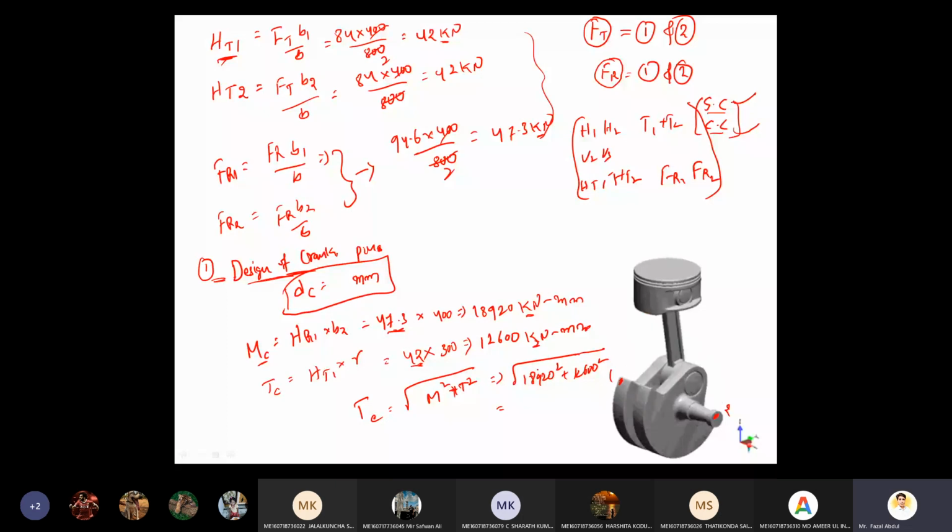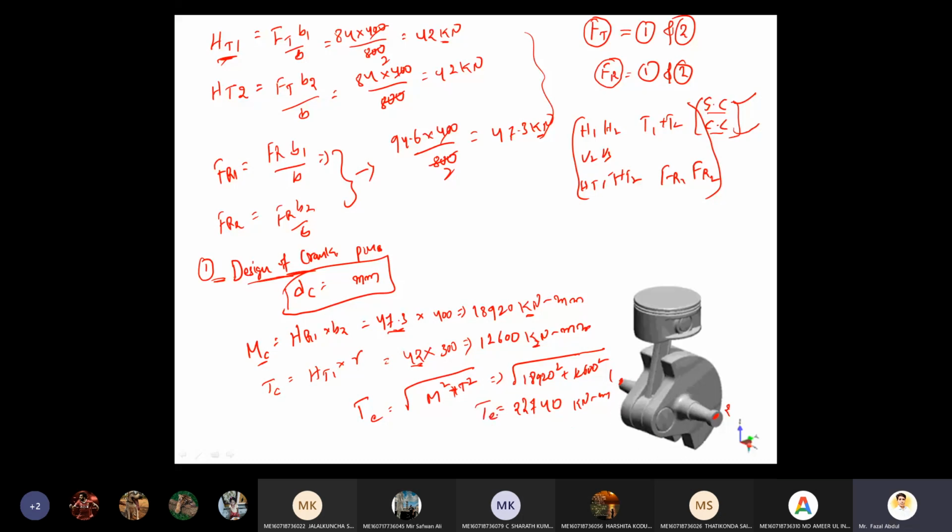The answer should be in kilonewton mm. So how much? Square root of 18920 squared, 12600 squared, that is 22,740 kilonewton mm. This is TE. And what is TE here? T is nothing but the equivalent twisting moment.